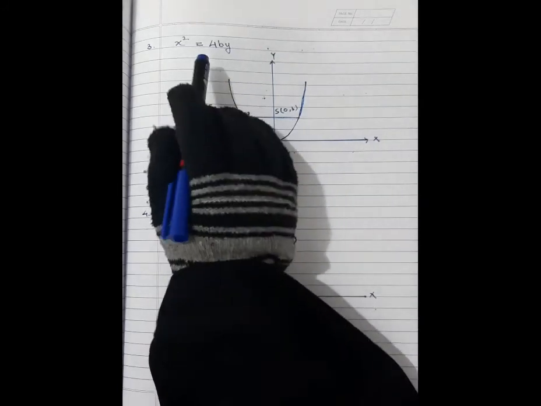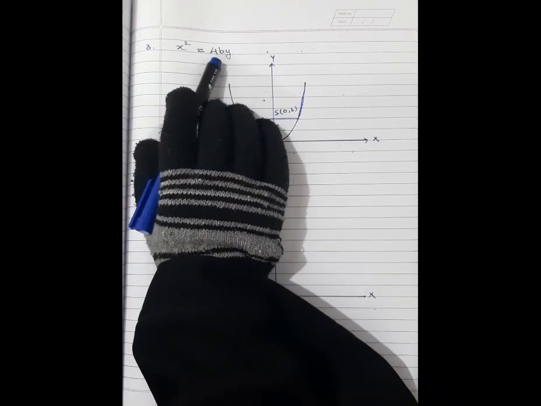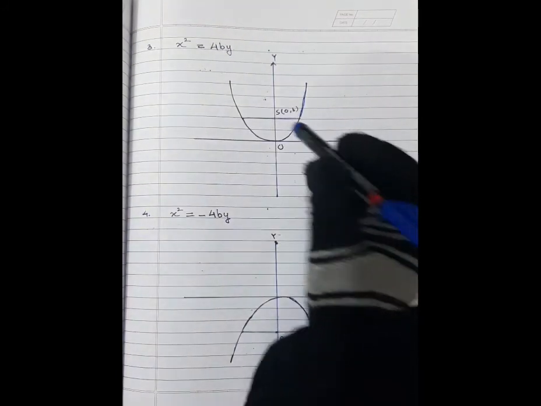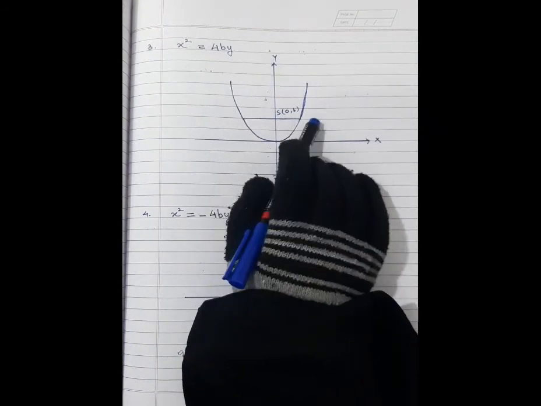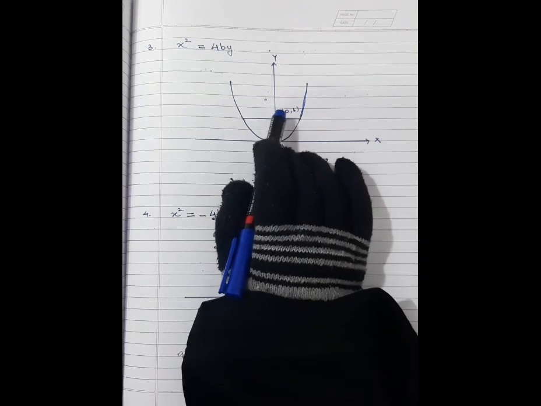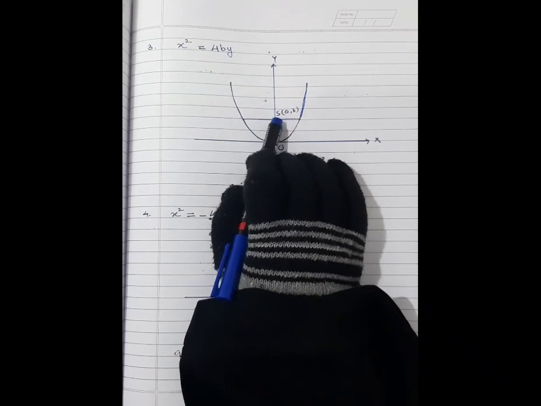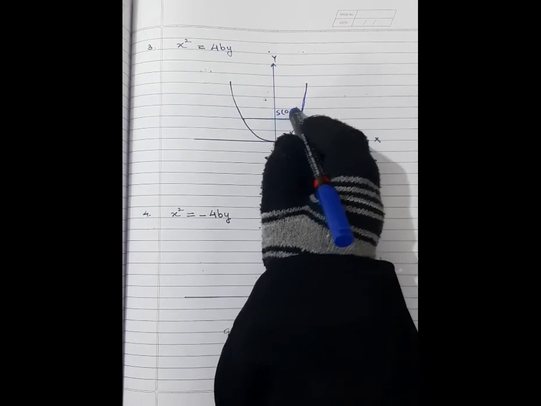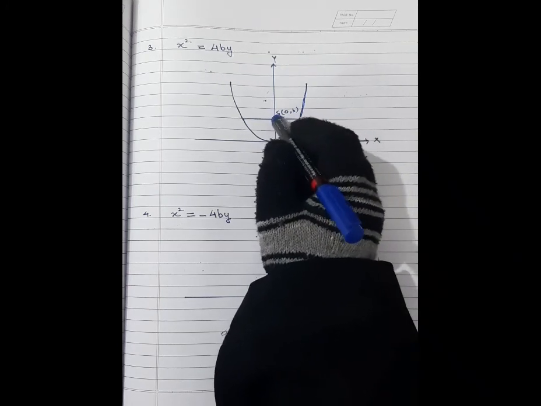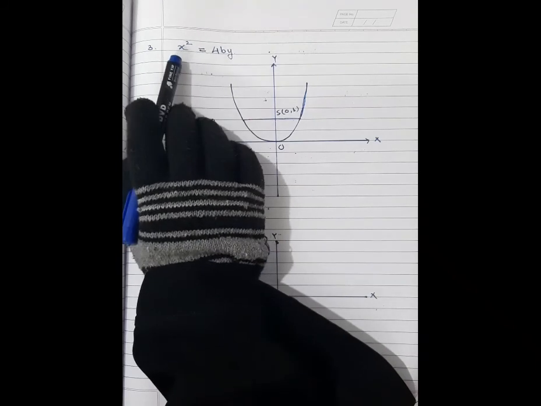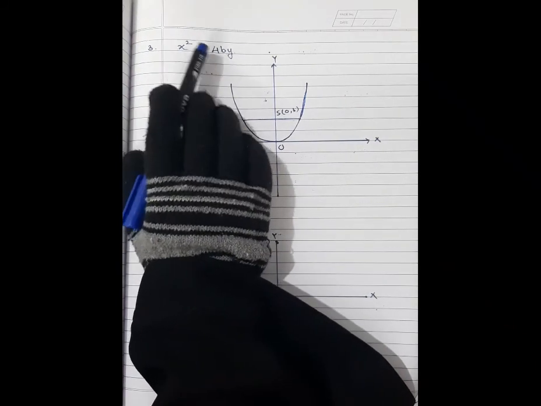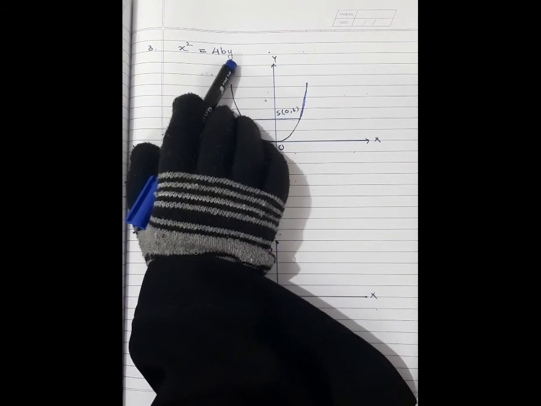Here, given that x square is equal to 4by, the point of this parabola is a point on the y-axis, 0 comma b. That's why we'll write the equation of the parabola as x square is equal to 4by.